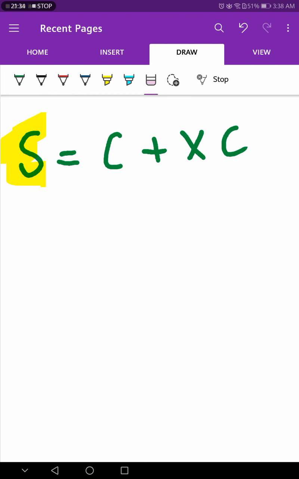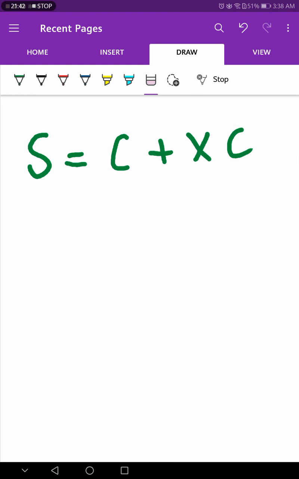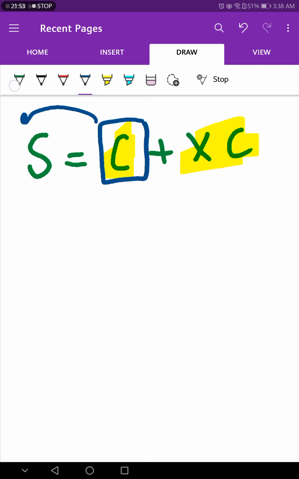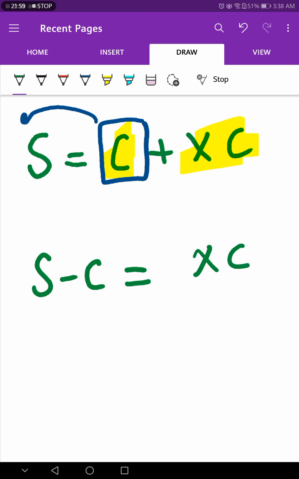So in this case, don't use the distributive property or find the common factor between the first term and the second term. Just transport the C to the left side. It will be S minus C equals XC.